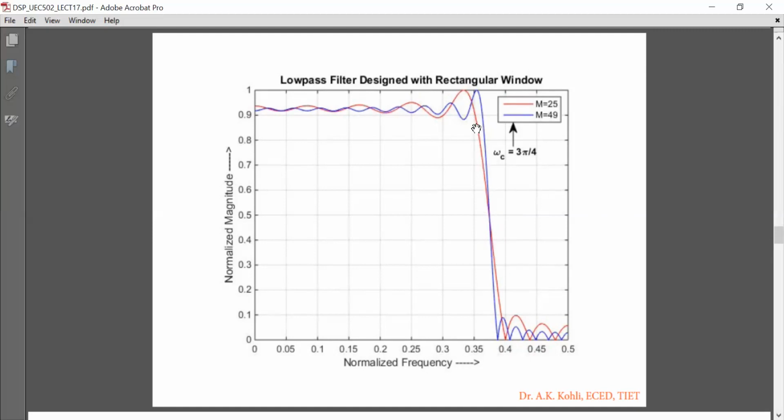The red colored line is for M equal to 25 and the blue colored line is for M equal to 49. This portion is the pass band and this is the stop band. These are ripples in the pass band, these are ripples in the stop band, which we have discussed earlier. In the previous lectures, I showed you a diagram; this is through simulation or MATLAB programming, by proper mathematical analysis.